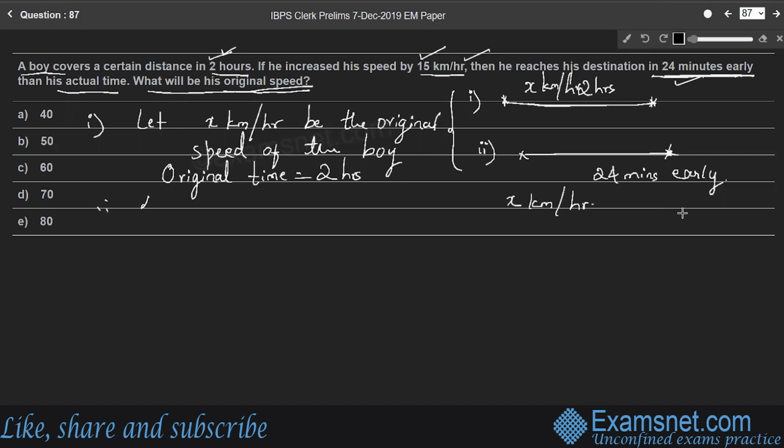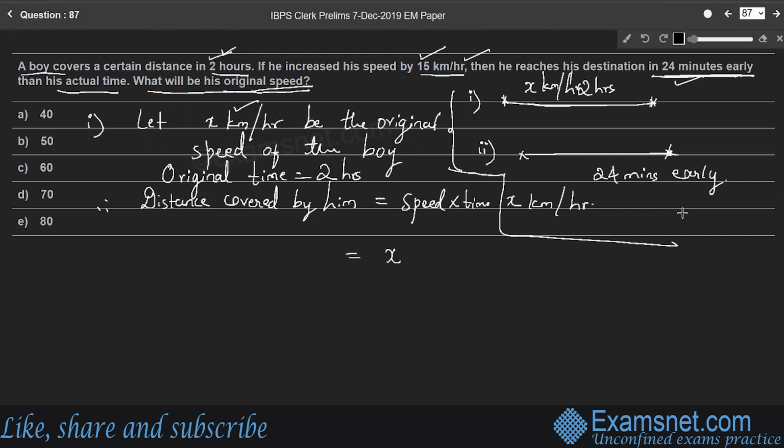Therefore, what is the distance covered by him? Speed into time, by the formula. According to our assumption, speed is x kilometer per hour and time is 2 hours. So 2x kilometers is the distance covered by him.